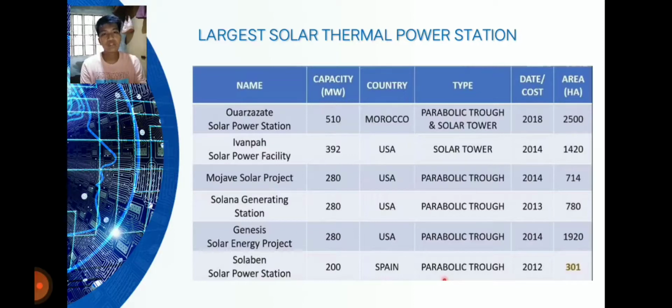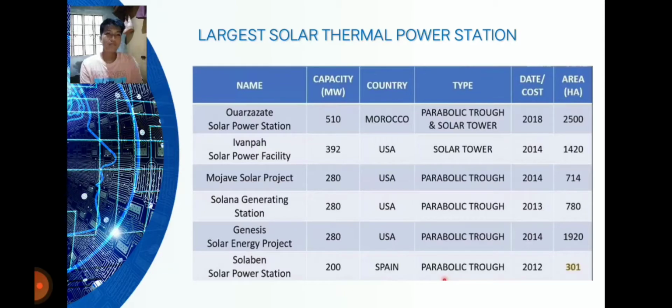The Solana Generating Station, yung pang-apat, 280 capacity. So USA din siya, type niya parabolic trough, then yung date cost ginawa siya is 2013 rather. So the area niya is 780.